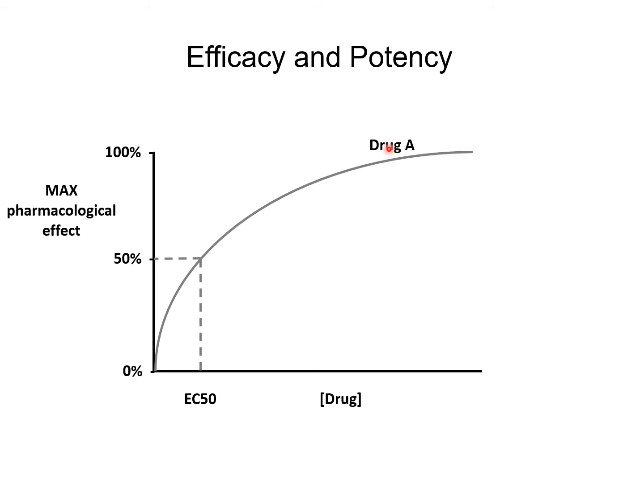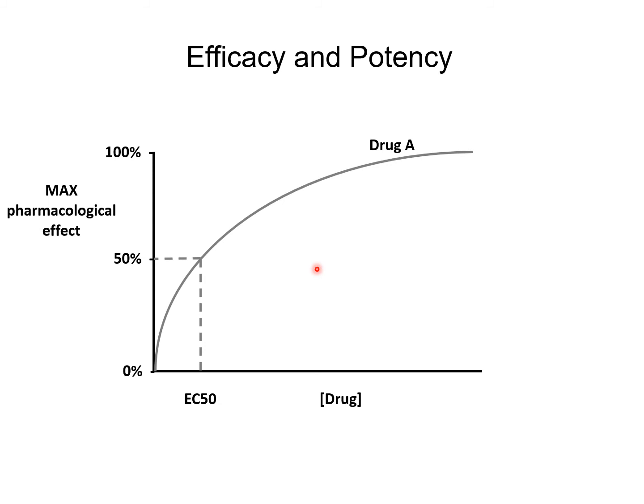And if we plot this, we can determine the EC50 from the graph. EC50 is simply the concentration of a drug that produces 50% of the maximal effect. And what the EC50 tells us is how potent the drug is. So let's call this curve drug A.